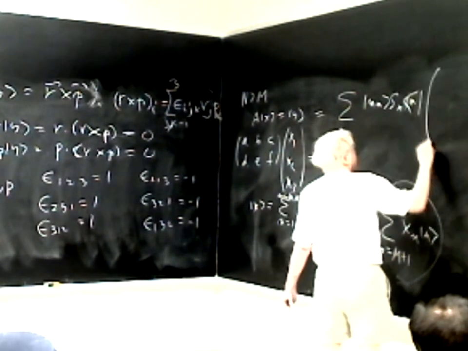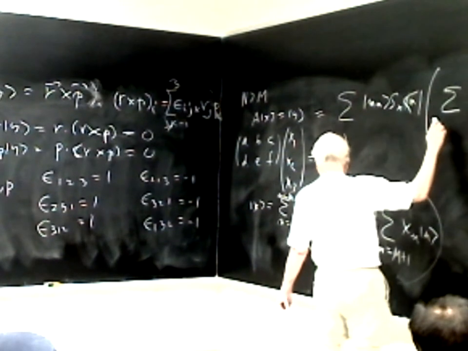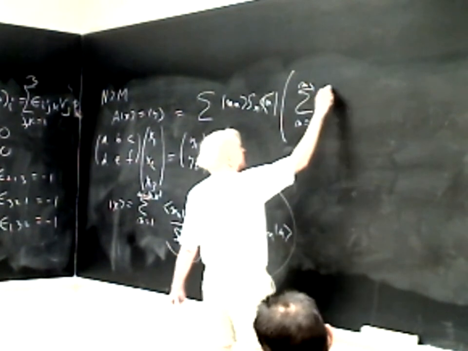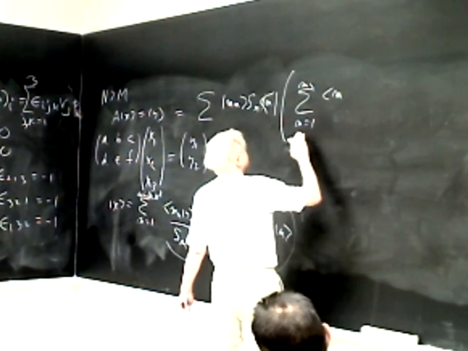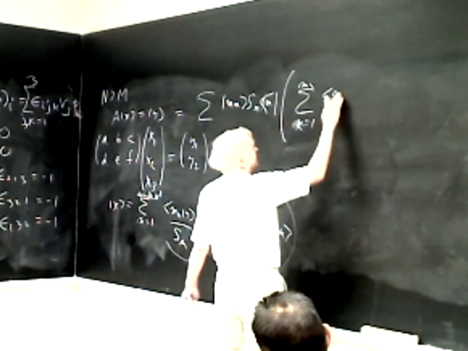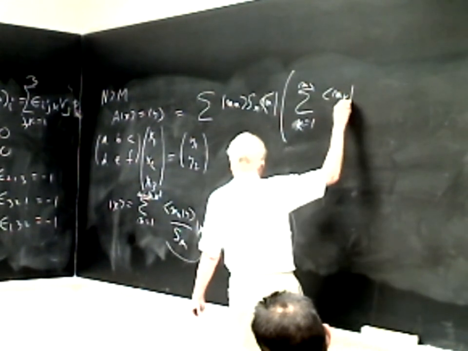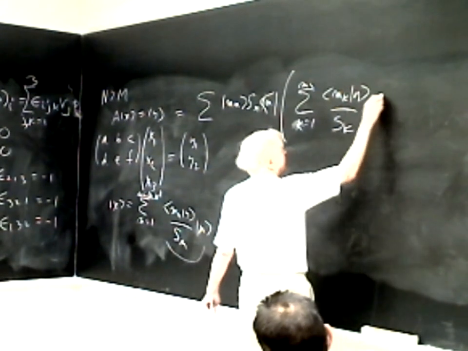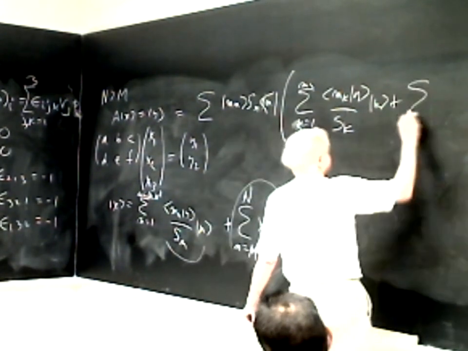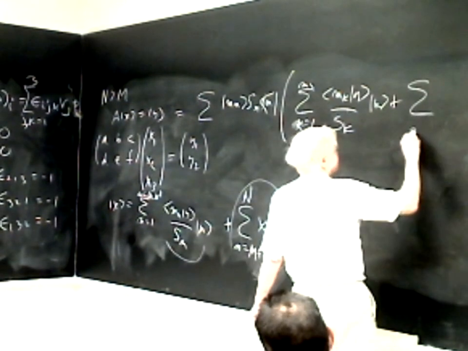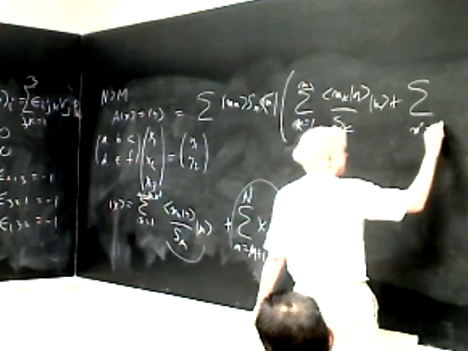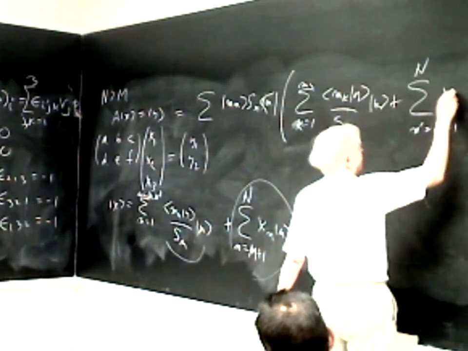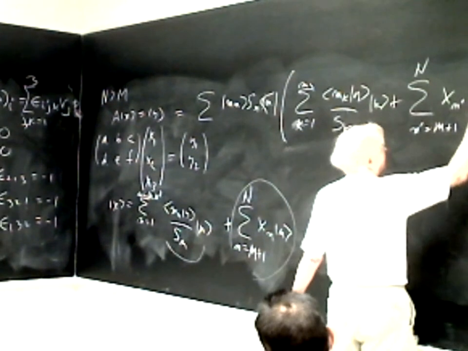And now we say that X is this sum n equals 1 to whatever this minimum is, and maybe I should use a different index, K, M sub K, Y over SK, K, plus a sum, say n prime equals m plus 1 to n, x n prime.